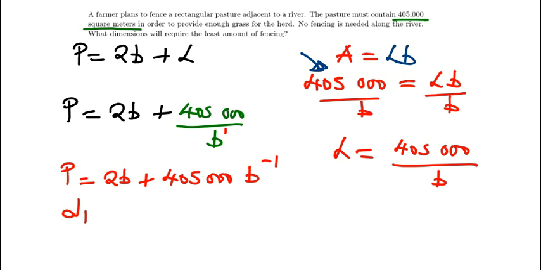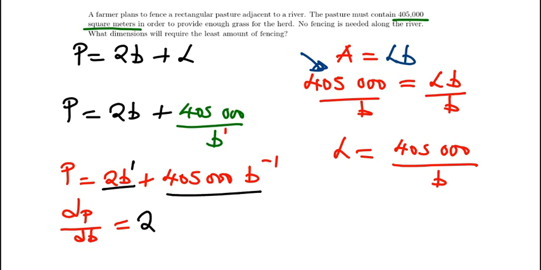So dP, differentiating P with respect to B, is going to be the derivative of 2B, which gives us a 2, since whenever differentiating a power of 1 you remain with the constant.